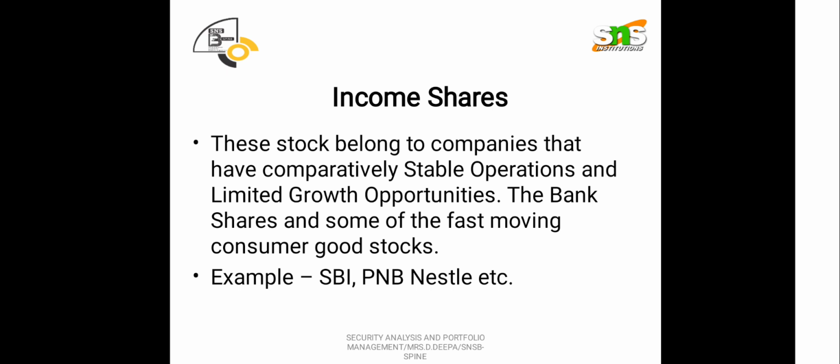We can say bank shares and some fast moving consumer goods stocks come under the category of income shares. For example, banks like SBI, or fast moving consumer goods stocks like Nestle.